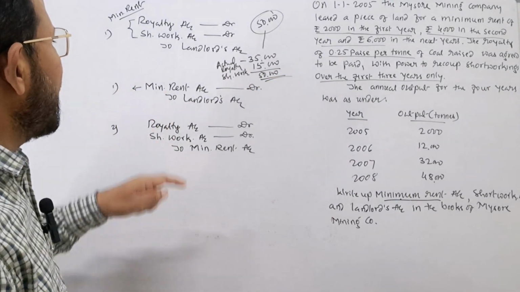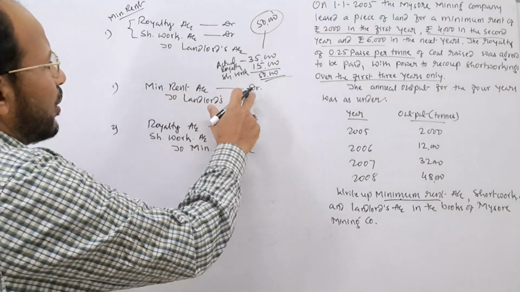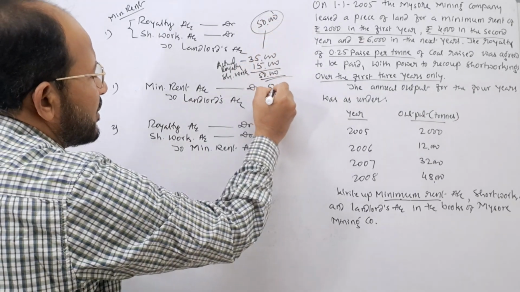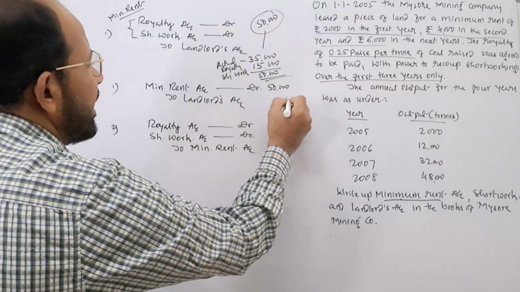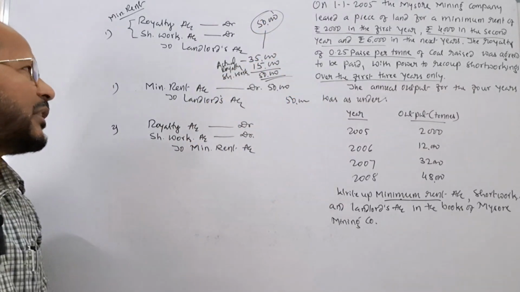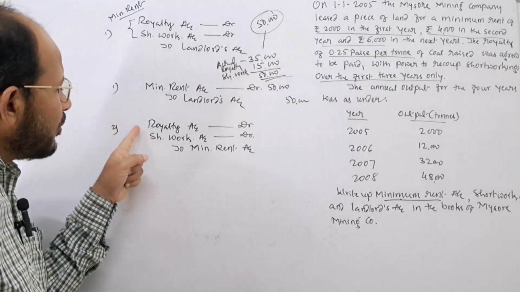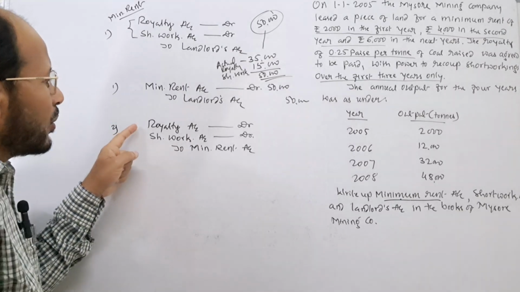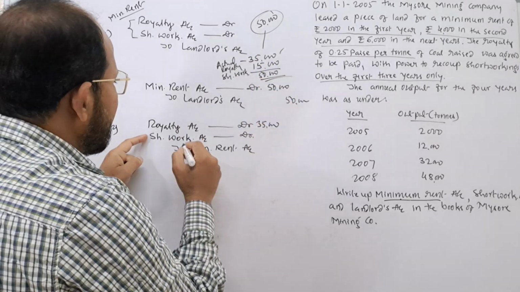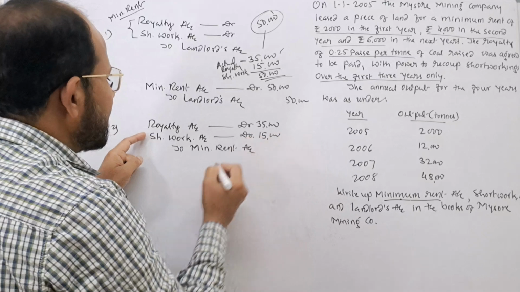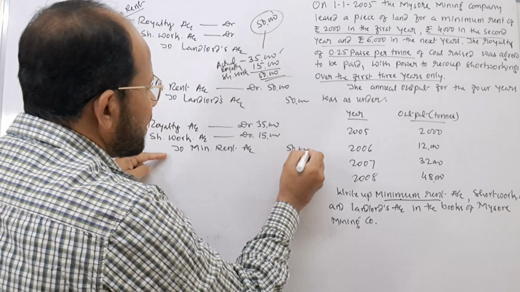Therefore, I am putting these figures in these two journal entries. Minimum rent account is debited with rupees 50,000, and the landlord's account is credited with rupees 50,000. Next, when the minimum rent account is to be closed, we pass this journal entry. Royalty account is debited with the actual royalty of 35,000, and short working account is also debited with rupees 15,000, and minimum rent account is credited with rupees 50,000.